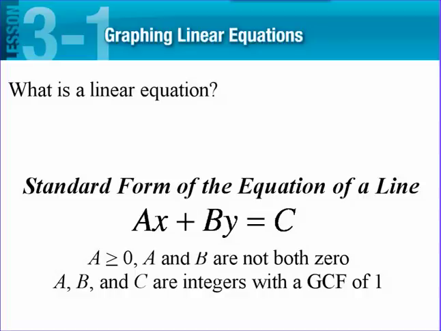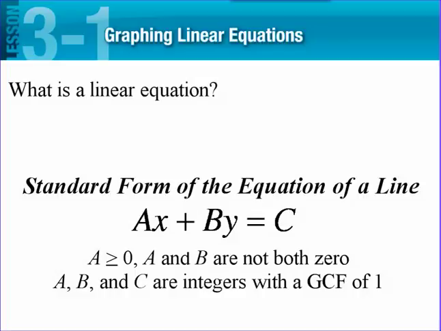A, b, and c are all integers with a GCF of 1. A is greater than or equal to 0, and a and b are not both 0. So after you get that written down, I want you to think about what a greater than or equal to 0 means.